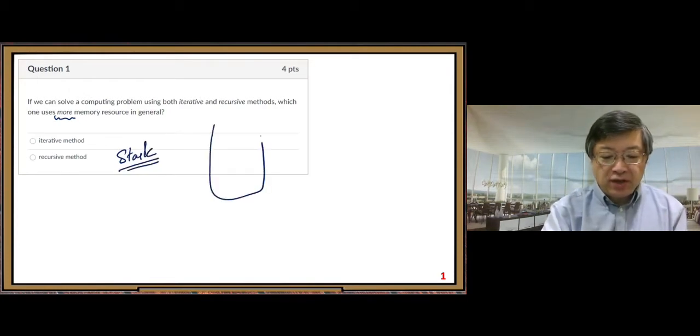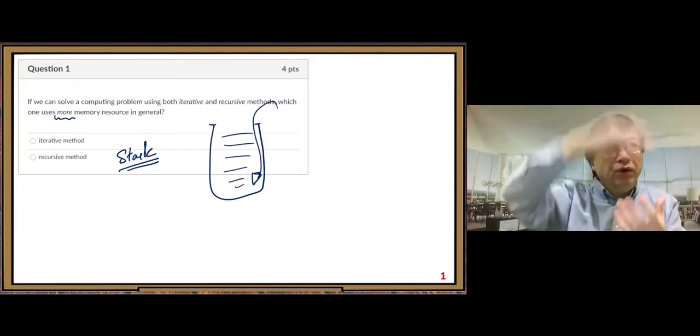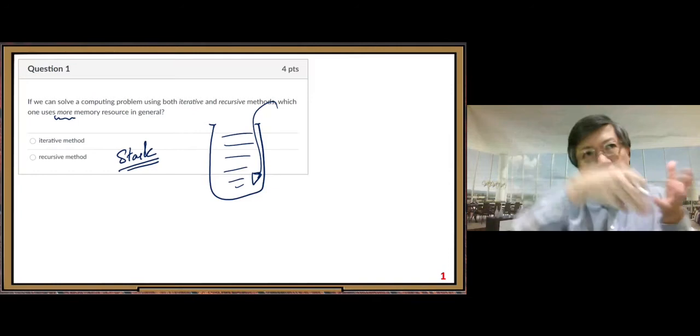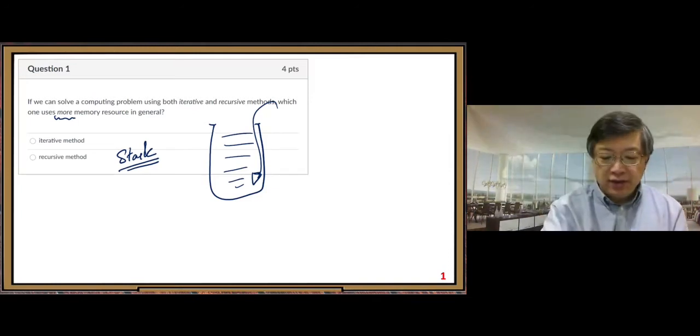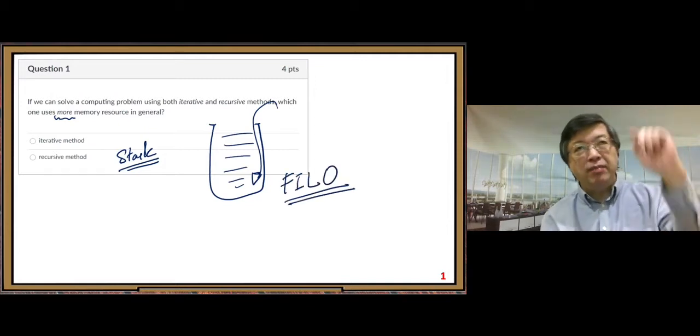So we know the stack data structure is like this. There are many levels. So you push things down based on the order. First in, last out. That is its main property.